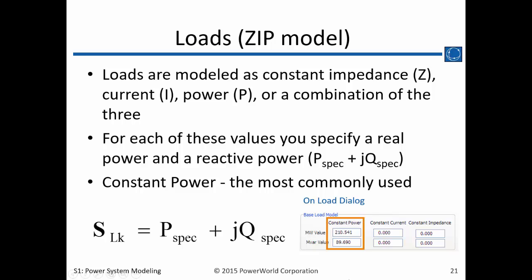That's represented in the base load model in the simulator by only plugging in values for the constant power megawatt and megavar. And it just looks something like this, where you say the total power is the megawatt specified plus j times the megavar specified. And this is the most commonly used form of load in the simulator or any load flow model.